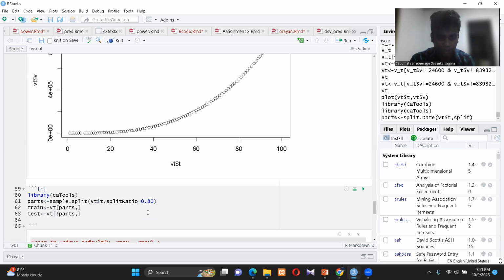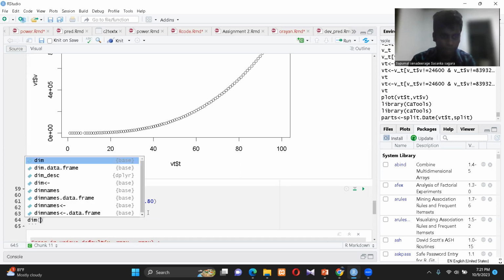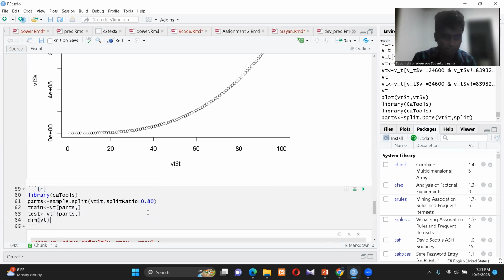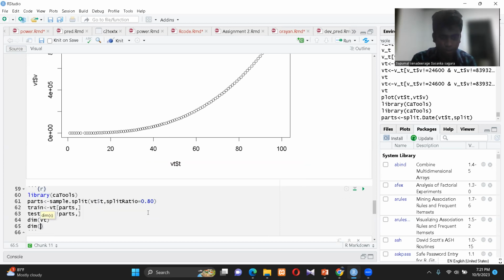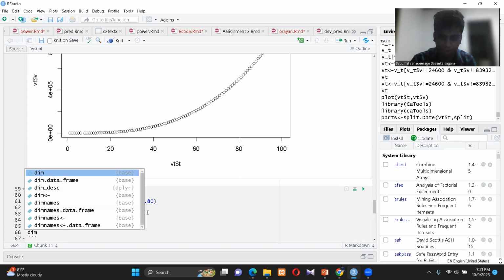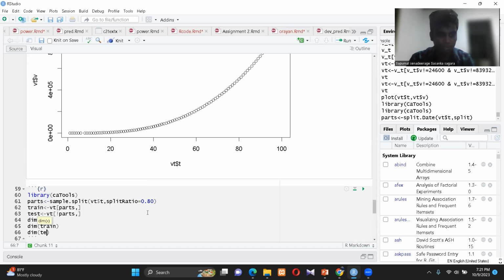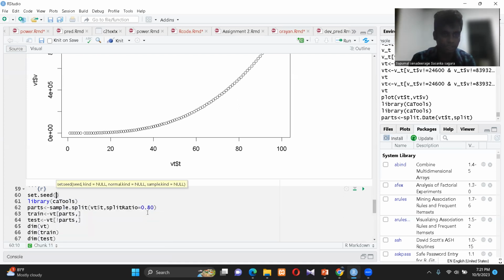Right, okay. Let's check whether it is split into two parts successfully. Dimensions of VT, dimensions of train, dimensions of test. Okay, let me set the seed. Set dot seed with my lucky number always, right? Okay.